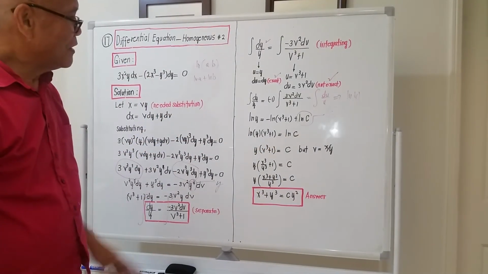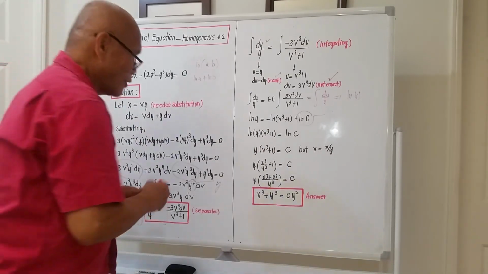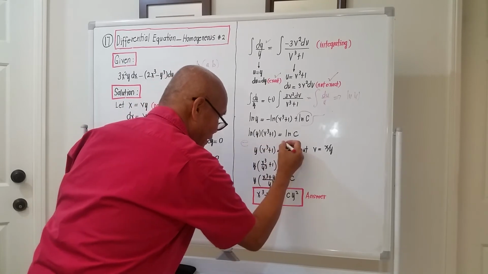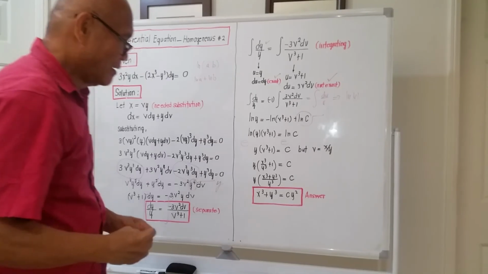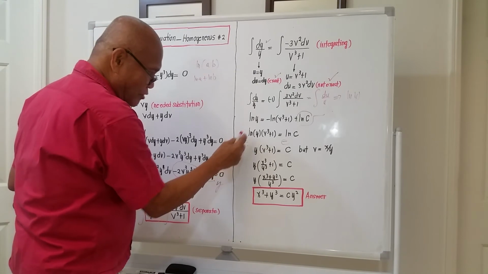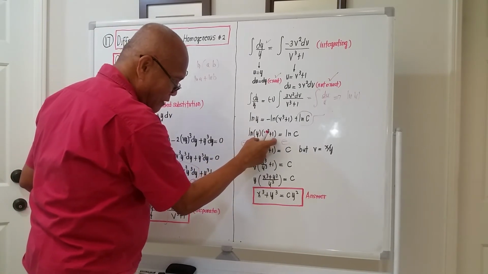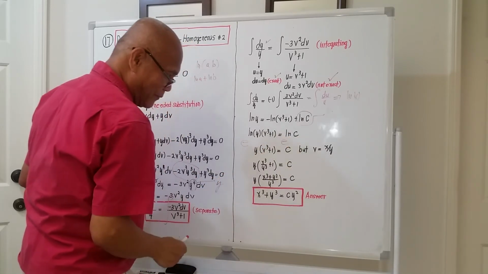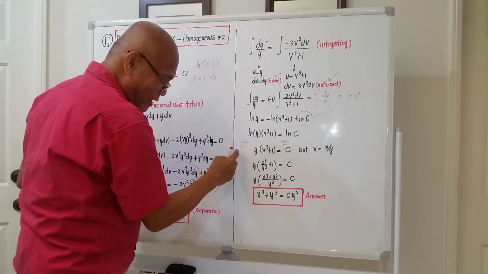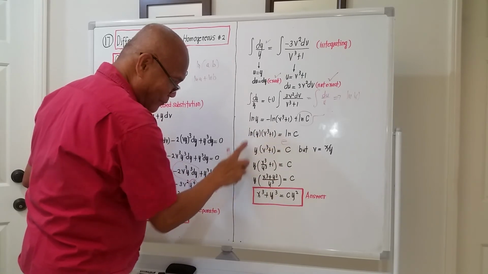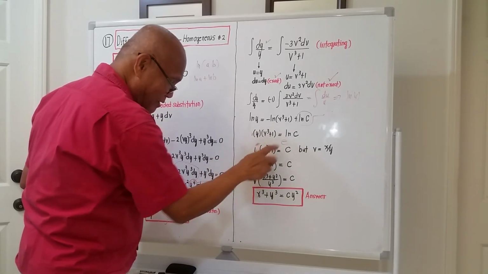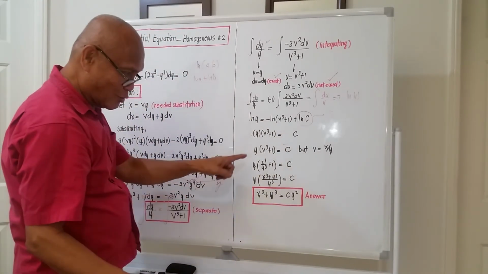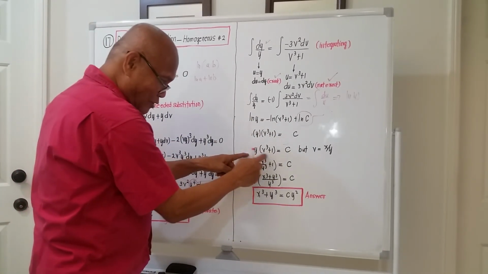We will try to eliminate the natural logarithm sign, so we raise both sides of the equation by e, meaning we take the antilog. e raised to the natural logarithm of the product equals e raised to the natural logarithm of c. If we take the antilog of the logarithm, this will cancel out. So what comes out now is y times b cubed plus 1 equals c.